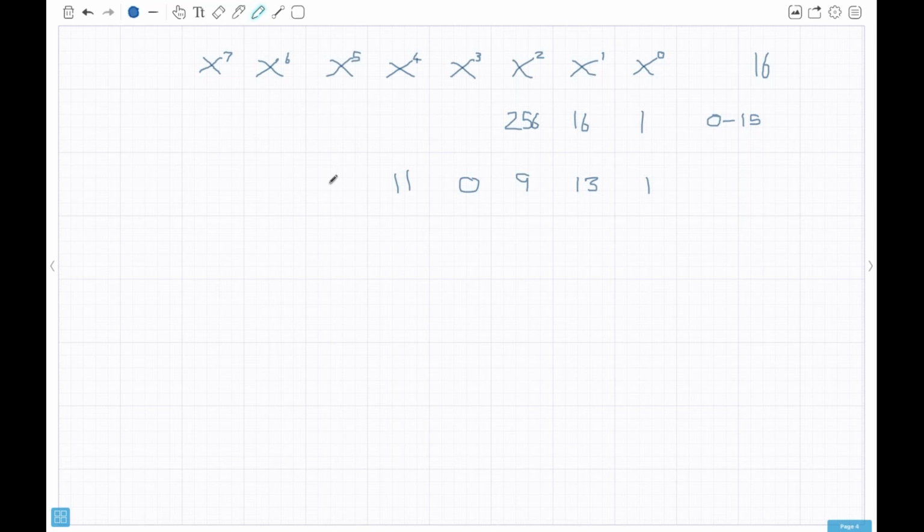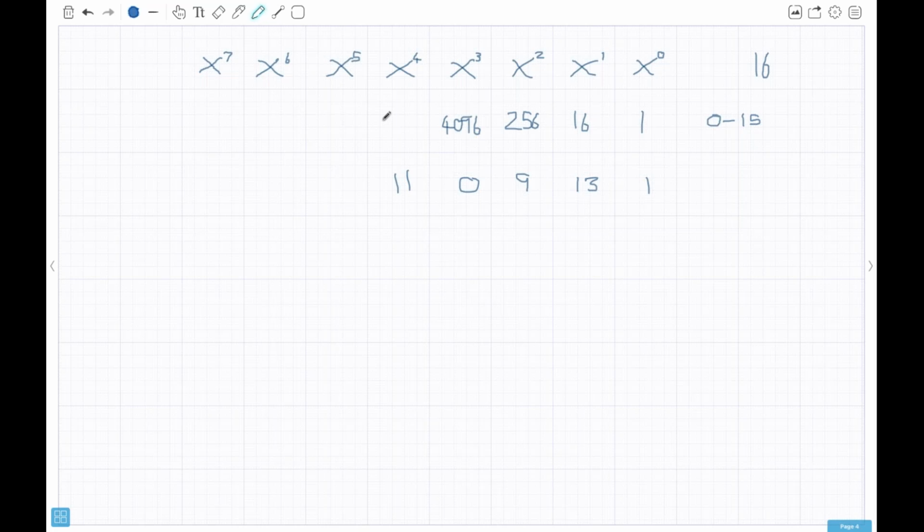Okay, and so on. So now we've got to stop and look at this, because we've got 11 from this column, 0 from this column, 9 from this column, 13 from this column, and 1 from this column. That's 4,096, if I remember correctly.